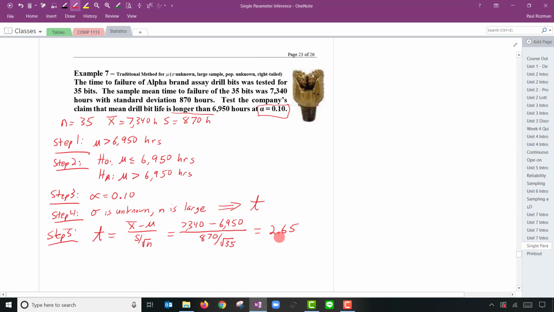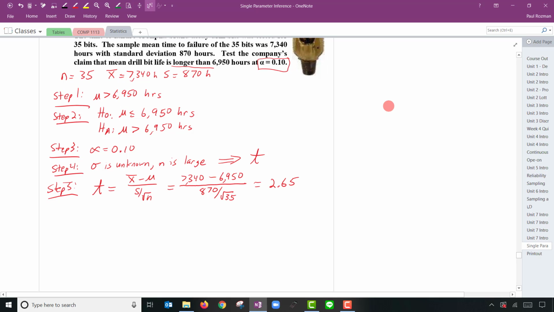A little bit somewhat large maybe. But remember, we don't want to just judge this as being large or small for a t-score, because we have to remember that when you have a one-tailed test, sometimes unusual isn't that unusual if it's on the right side of your tail.